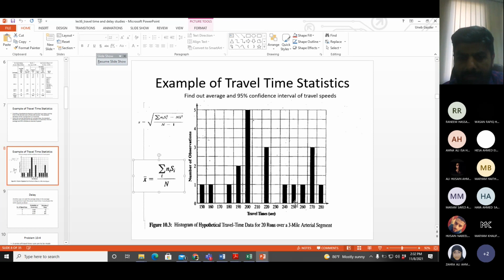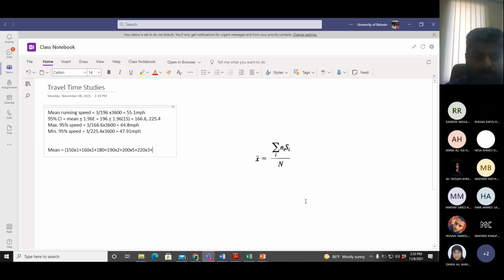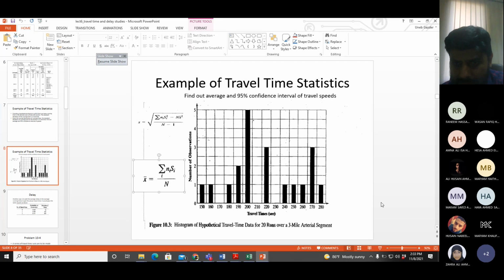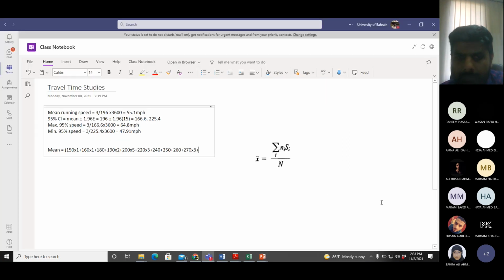Then 240, 250, 260 observed once, and 270 observed 3 times. The numbers which were multiplied by 1, I'm just skipping the 1. Plus 280. This whole thing divided by the total number of observations.